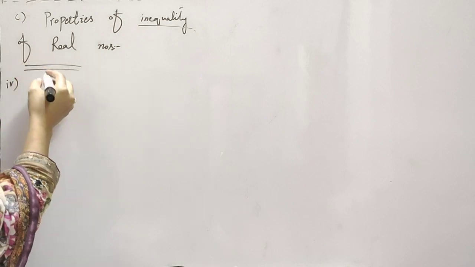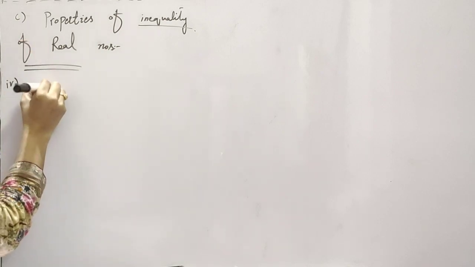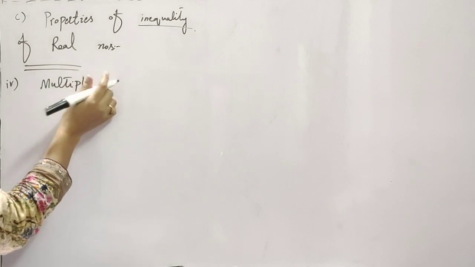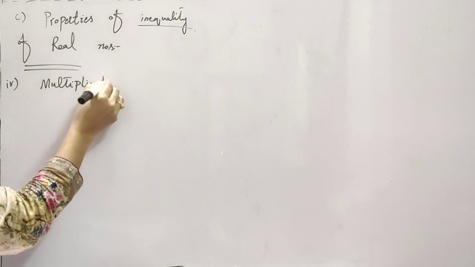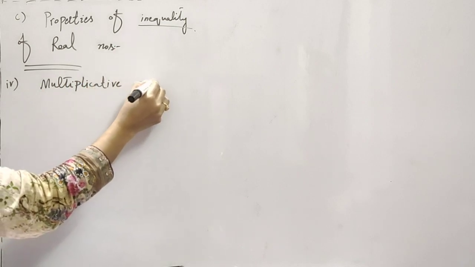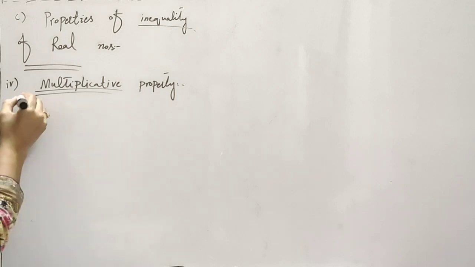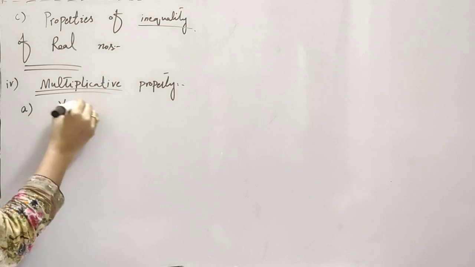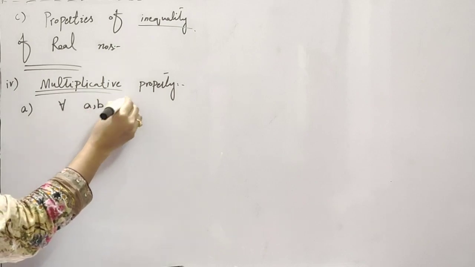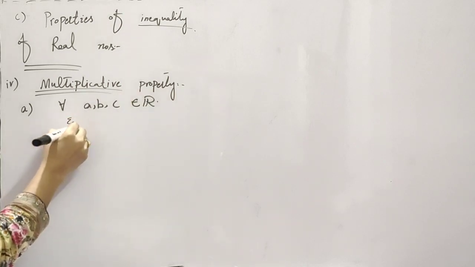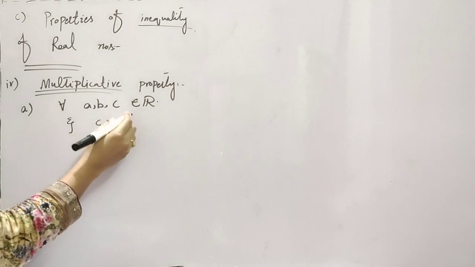Now we move toward the multiplicative property. And the multiplicative property says that the first part is for all A, B and C belongs to real numbers and C is greater than 0.